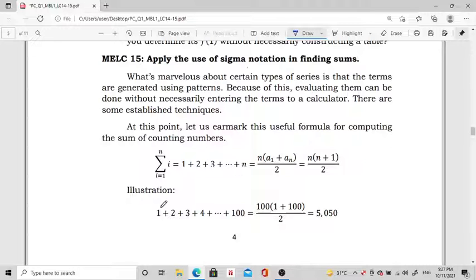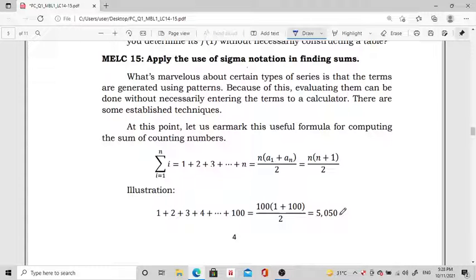O, ang gagawin daw natin, since our n is 100, i-multiply daw natin siya sa 1 plus 100, n plus 1, so that's 101. And then we divide the result by 2. And what we get is 5,050.